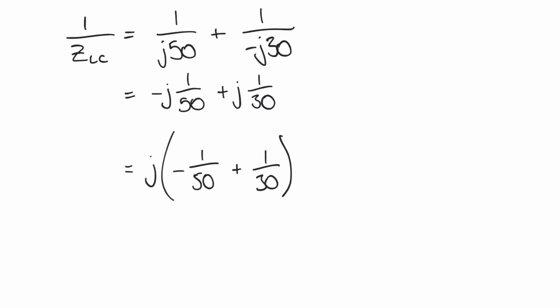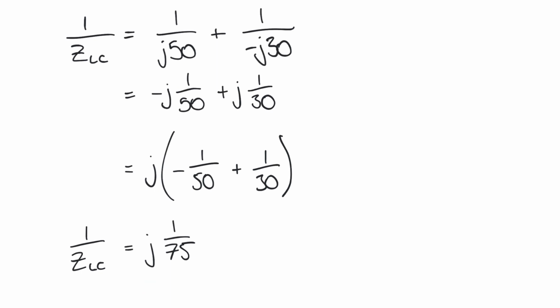We can pull that outside of our fraction, so we can say that this is the same as j times minus 1 over 50 plus 1 over 30, and minus 1 over 50 plus 1 over 30 is 1 over 75. So at this point we've worked out 1 over ZLC, and we've said that 1 over ZLC is j times 1 over 75.